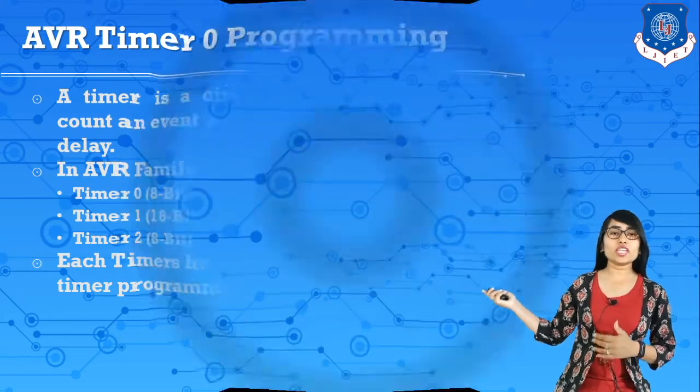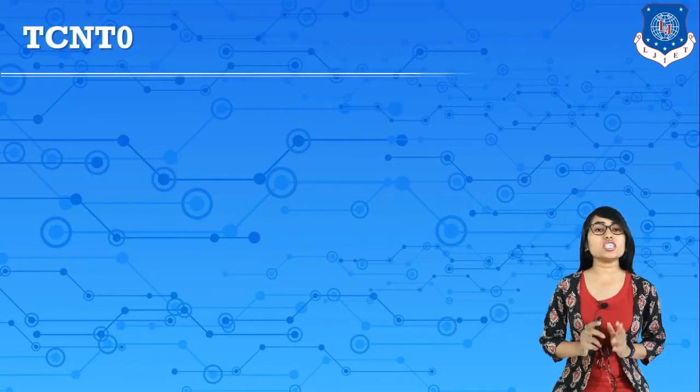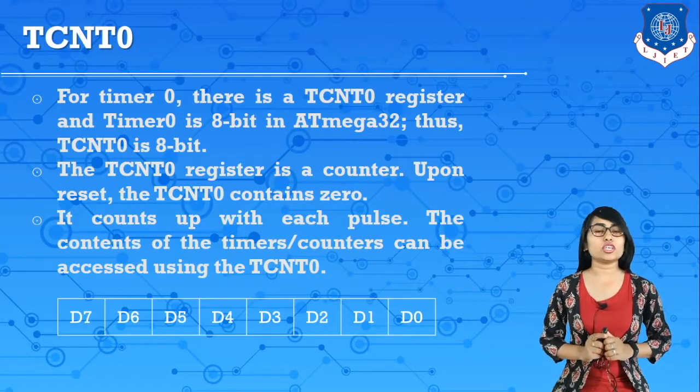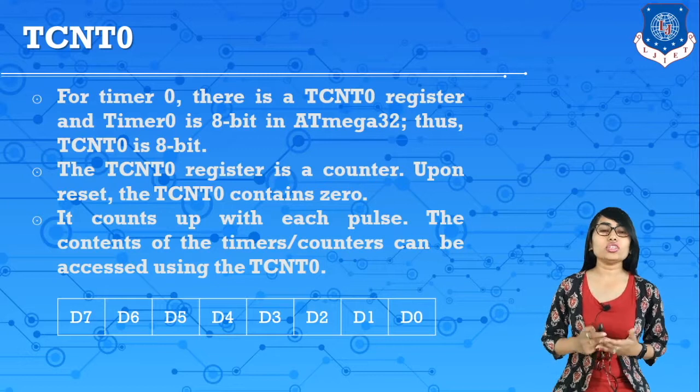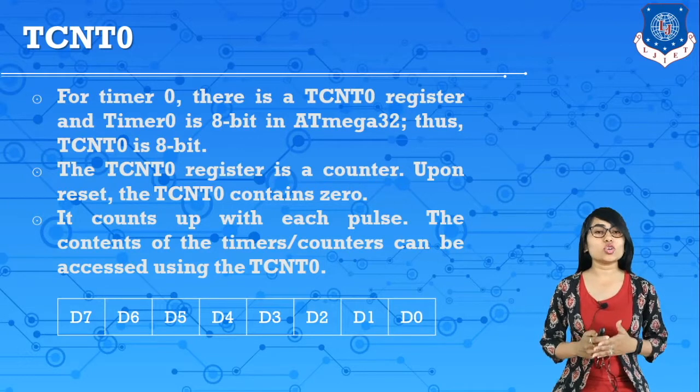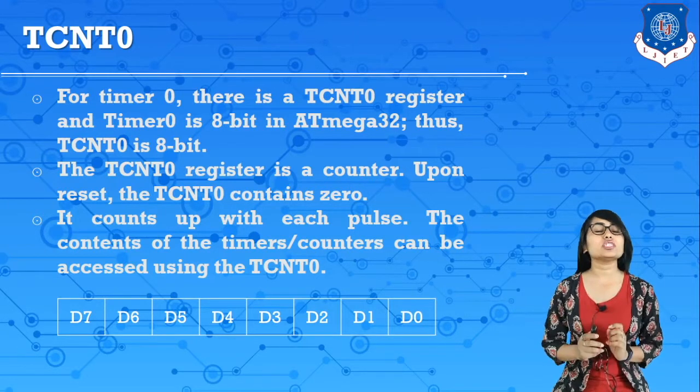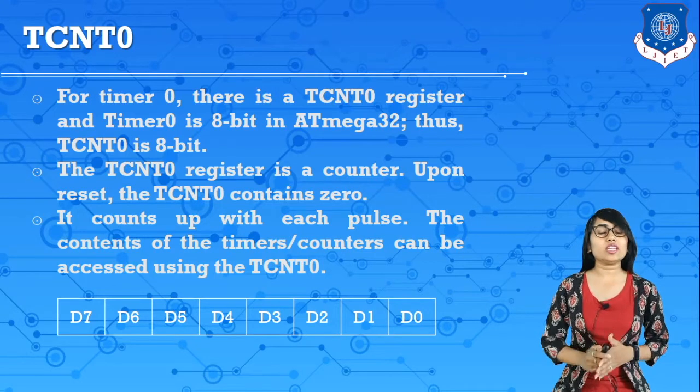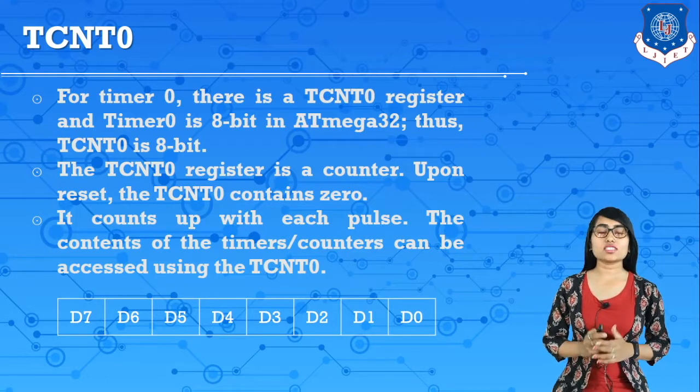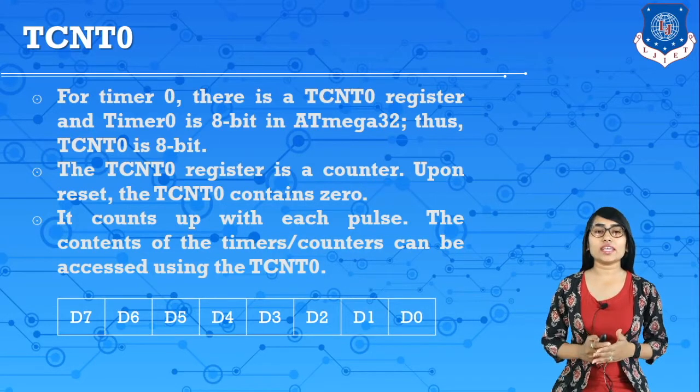So here we have the TCNT0 register for Timer 0. As Timer 0 is 8-bit in the ATmega32, TCNT0 is 8-bit. The TCNT0 register is a counter. Upon reset, the TCNT0 contains 0.